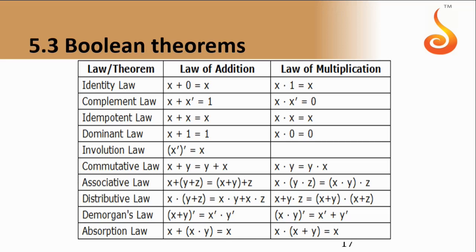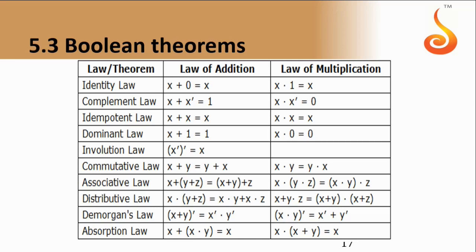The statement is, this law states that when a variable is inverted twice, it is equal to the original term. The involution law states that when a variable is inverted twice, it is equal to the original term.